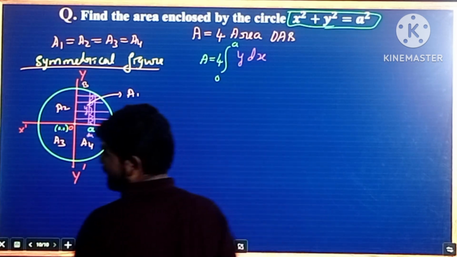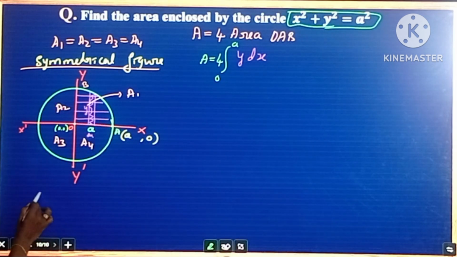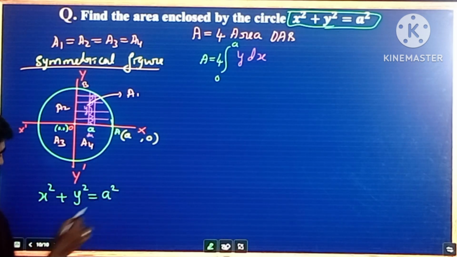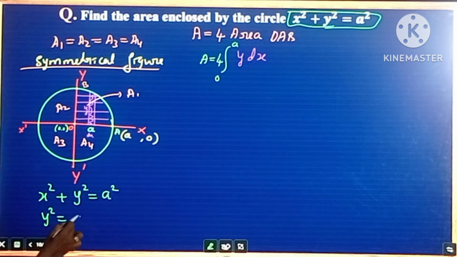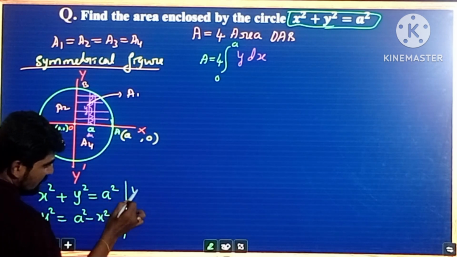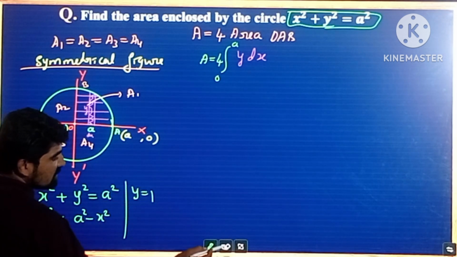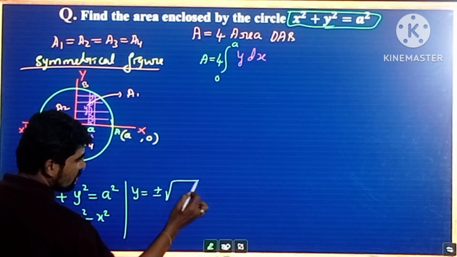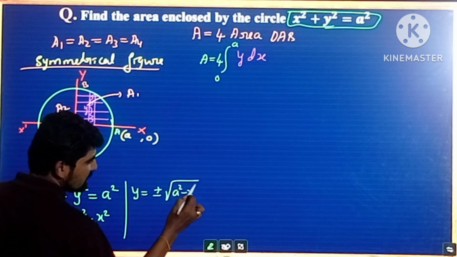Given the equation of the circle, x square plus y square is equal to a square. It means y square is equal to a square minus x square. It means y is equal to plus or minus the square root of a square minus x square.